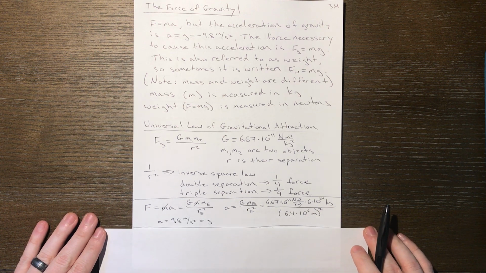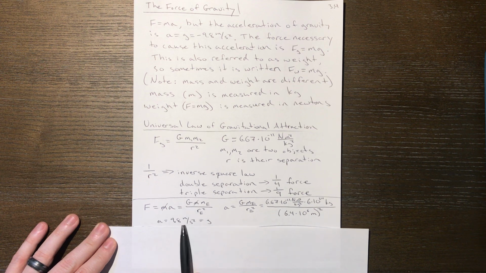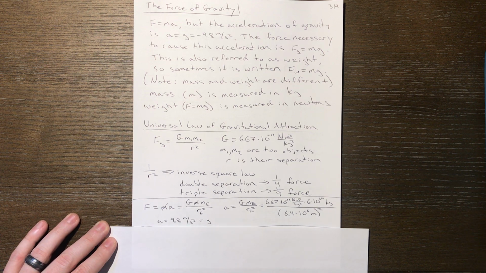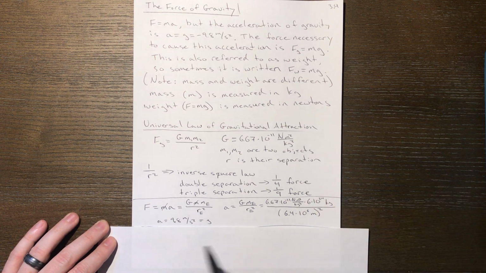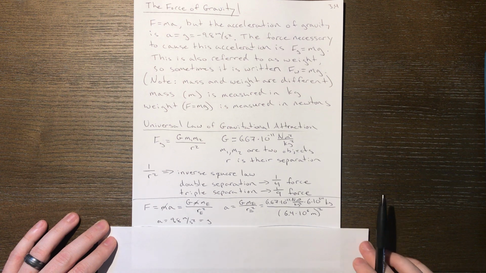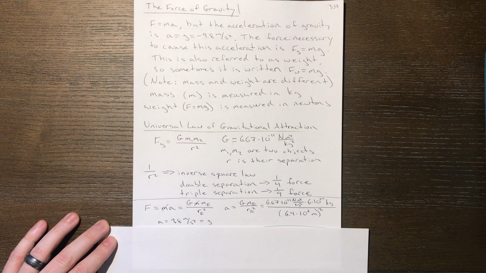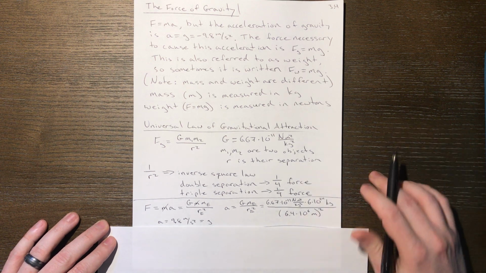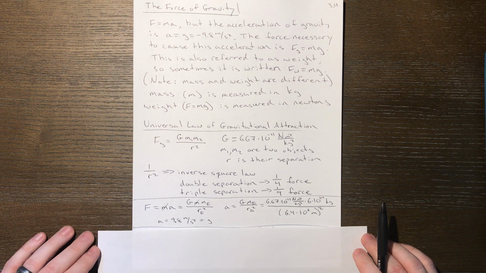If you plug all those numbers into your calculator, you find that acceleration is 9.8, and the units break down to meters per second squared. So we have shown, theoretically, what we should expect the gravity on the surface of the Earth to be. And you can actually use this equation to compute the gravity on any planet or moon by plugging in their mass and radius.